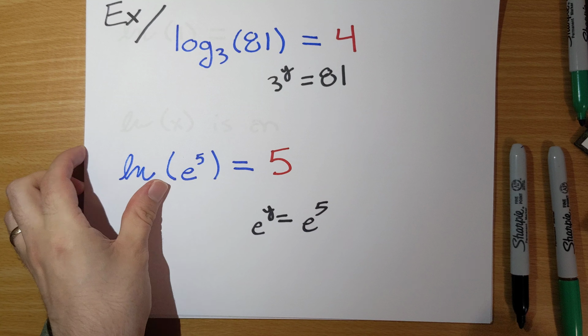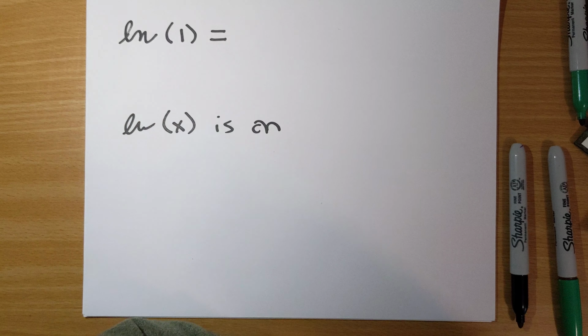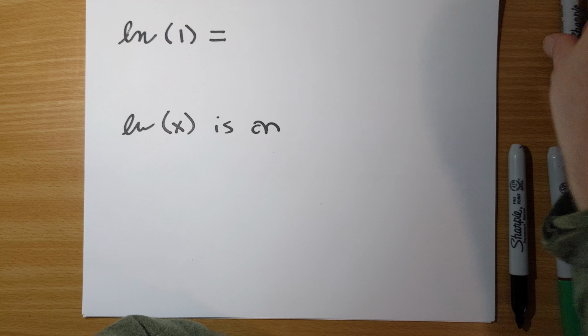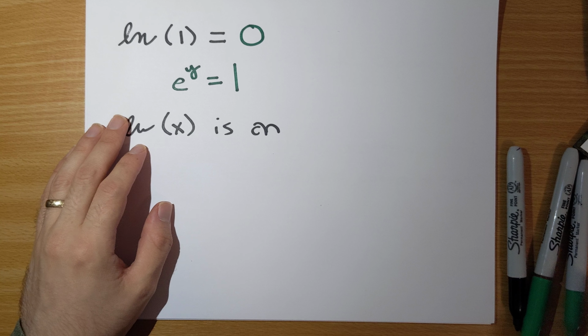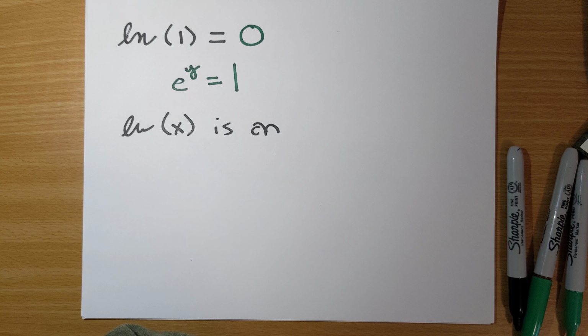Okay, let's talk about some more properties of logarithm functions. I'm going to do this for the natural logarithm. Natural log of 1, so that would be e raised to what power gives us 1. e raised to the 0th power gives us 1. So the natural log of 1 is 0.